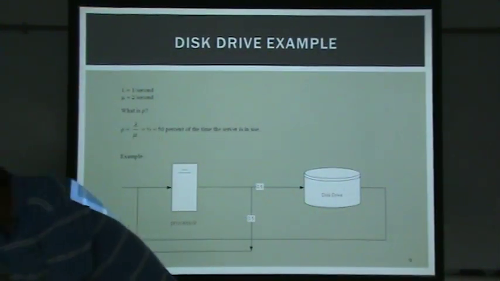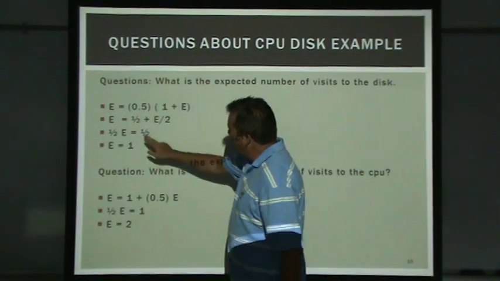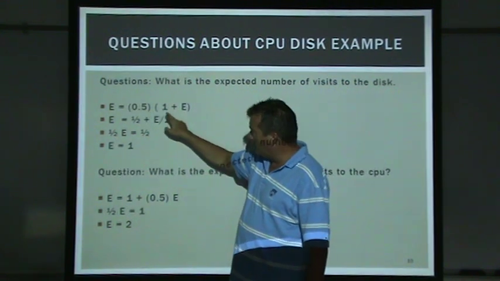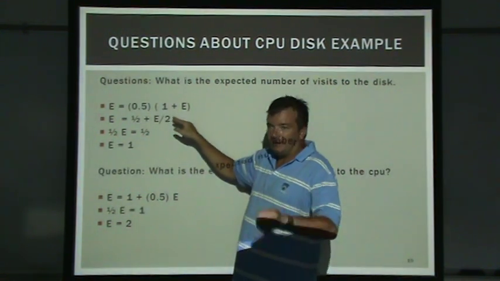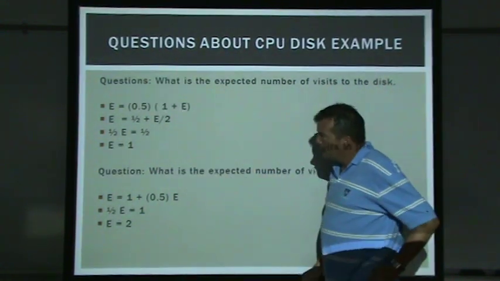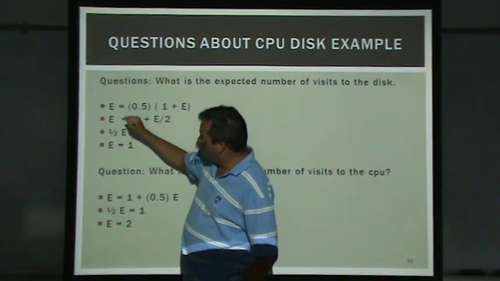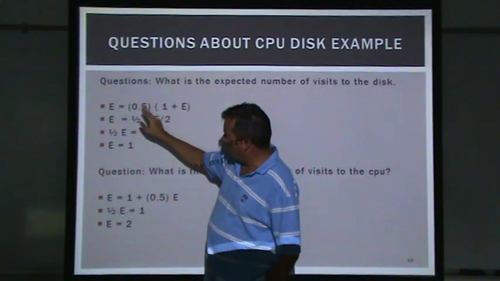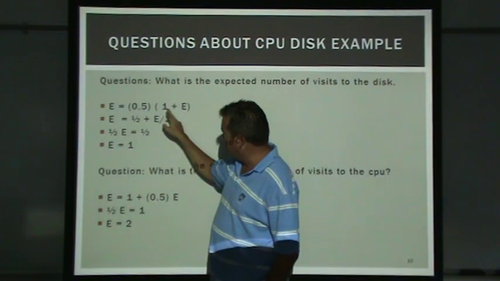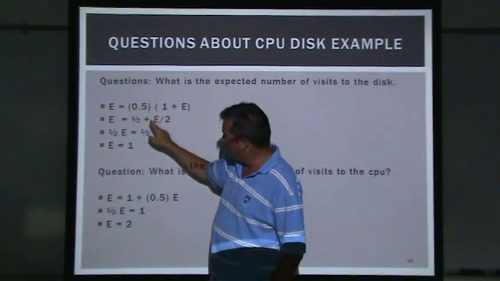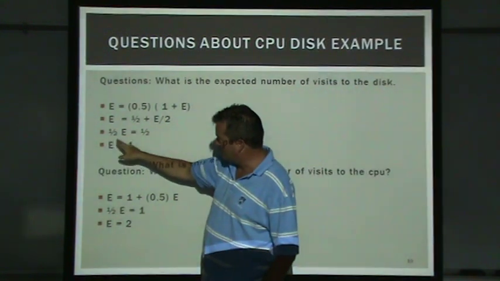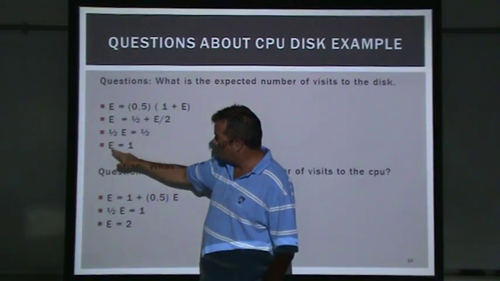So we can say the expected number of visits will be E. Half the time it's going to be 1 plus E, which is how many times you'd hit it, assuming you're starting over. So E is equal to a half of 1 plus E. Now E equals 1/2 plus E over 2, and if we subtract E over 2 from each side, we have E over 2 equals a half. So E equals 1.